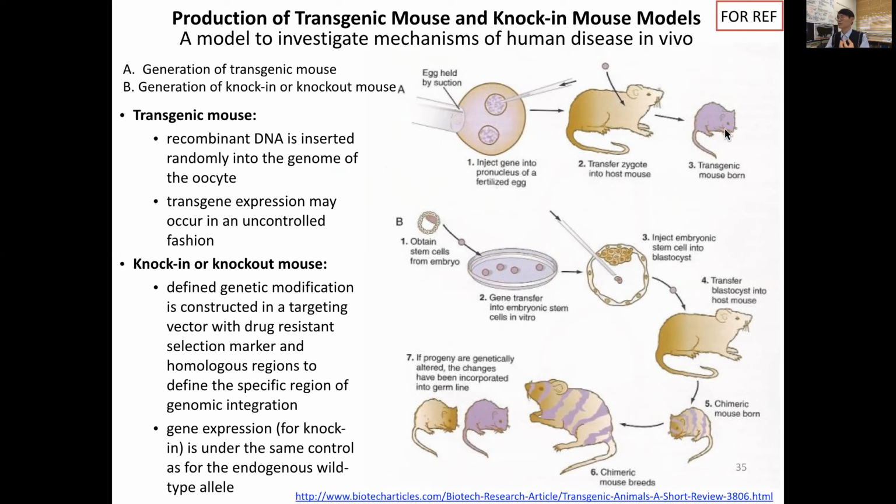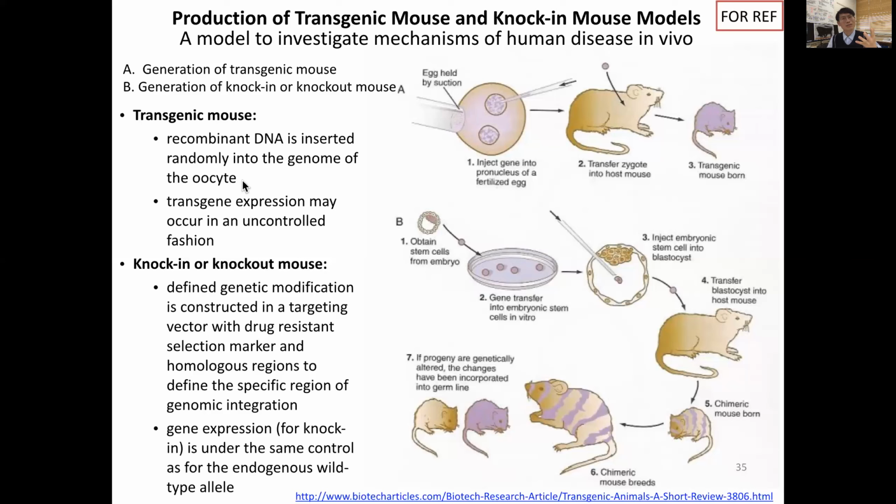We can use this as a disease model or to study expression of specific genes. This recombinant DNA is inserted randomly into the genome of the oocyte, so the transgene will be expressed.